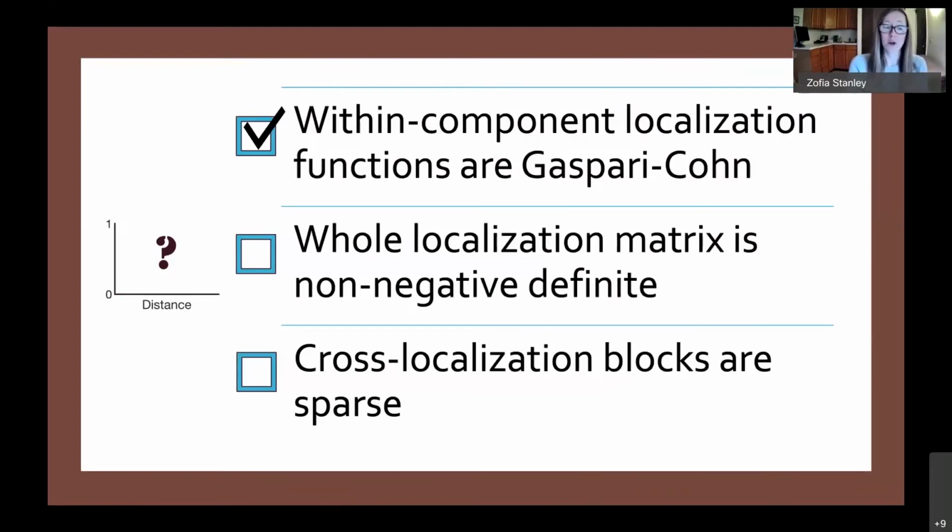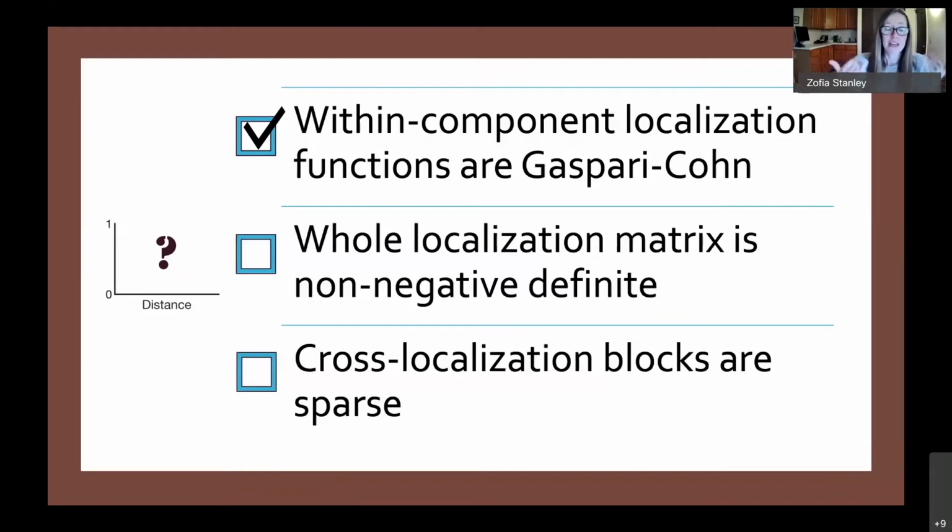We already know that Gaspari-Cohn leads to non-negative definite functions, so we already know that those 2 diagonal blocks will be non-negative definite, but what we're asking now is, can we make it so that this entire localization matrix is non-negative definite? And this is really important for variational schemes, so EnVar, for example.